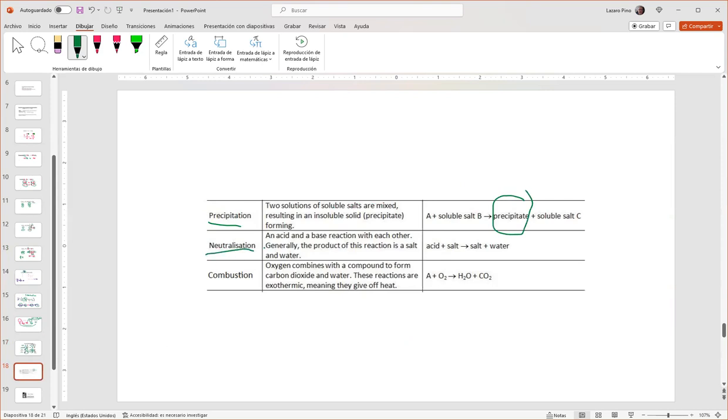Neutralization reaction: when an acid combines with a base to make salt and water. Sorry, here was a mistake. And here you have a combustion reaction, as I told you before, producing water and CO2.